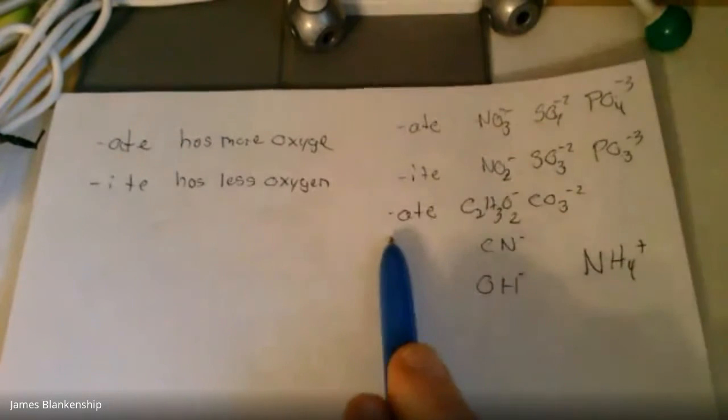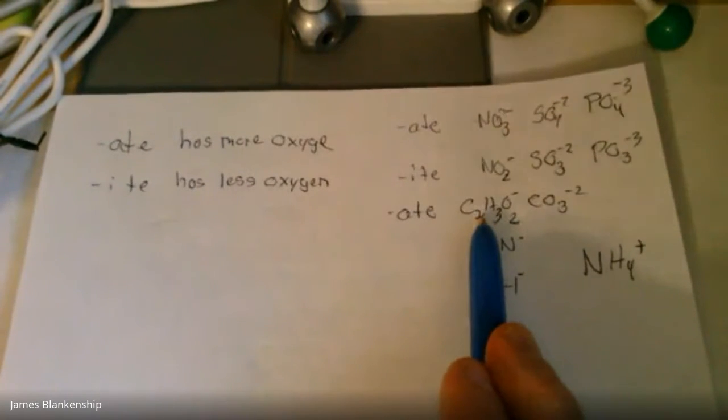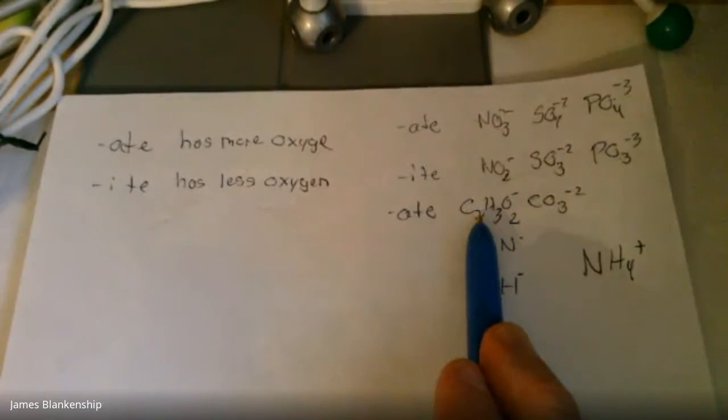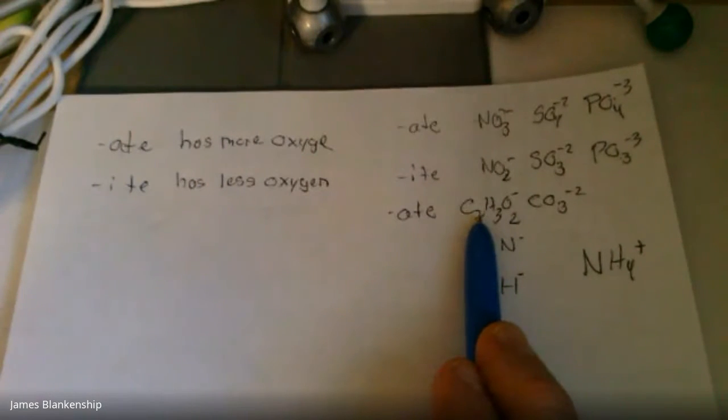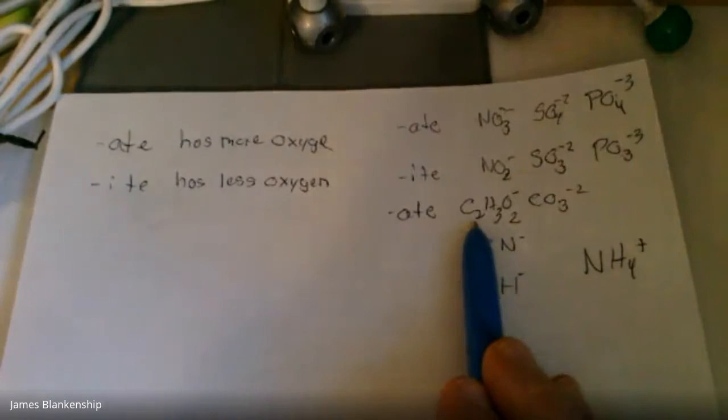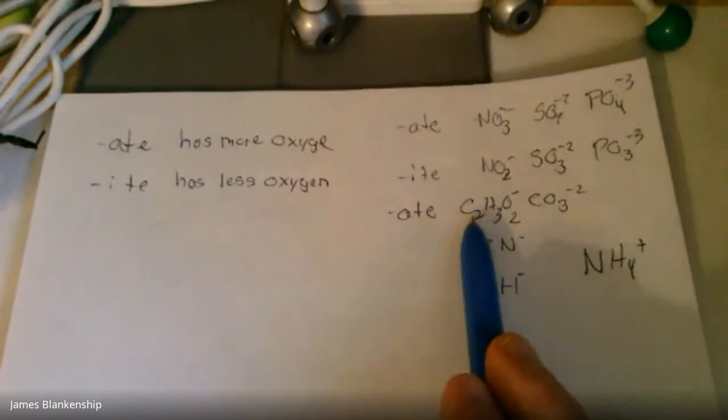This row will also end in ATE. This is called acetate. You'll probably come across it as acetic acid. It'll be one of the first acids you use. I'm not saying you can stick your hand in 18 molar acetic acid, but you do have acetic acid in your house. It's about a 5% solution, and it's called vinegar. It also happens to be an organic acid, but we're not going to get into that.